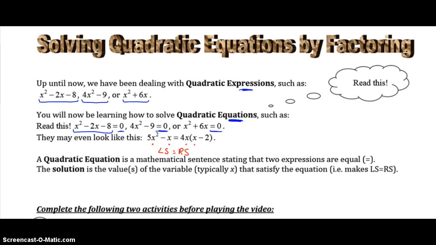In grade 9, you solved linear equations which looked something like this: 4x minus 1 equals 2x plus 3. The way you solve linear equations is very different than the way you solve quadratic equations. Solving linear equations was done using isolation.